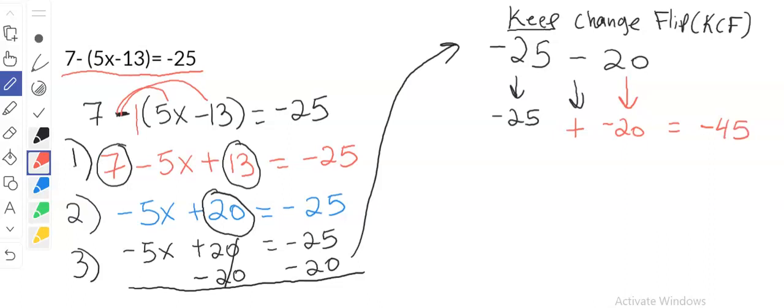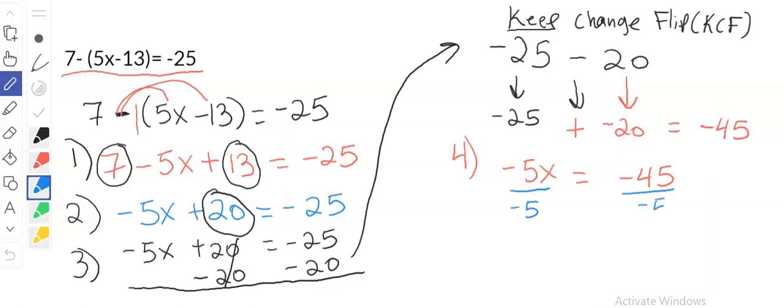Okay? So just think of it as, now we're entering step 4. Negative 5x is equal to negative 45. Okay? So the next step we need to do is divide by negative 5 on each side.